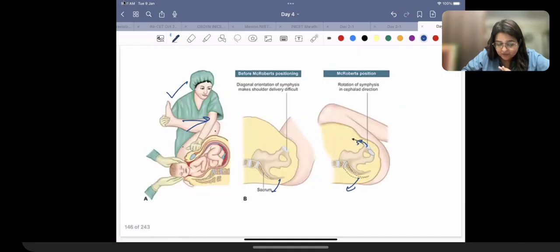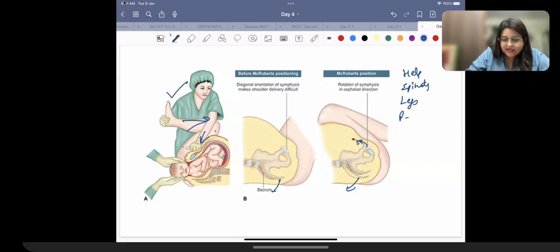So you can see here suprapubic pressure is being given. This dislodges the shoulder from underneath the pubic symphysis. So again, the first line maneuvers are help, episiotomy, legs, that is McRoberts, and suprapubic pressure.